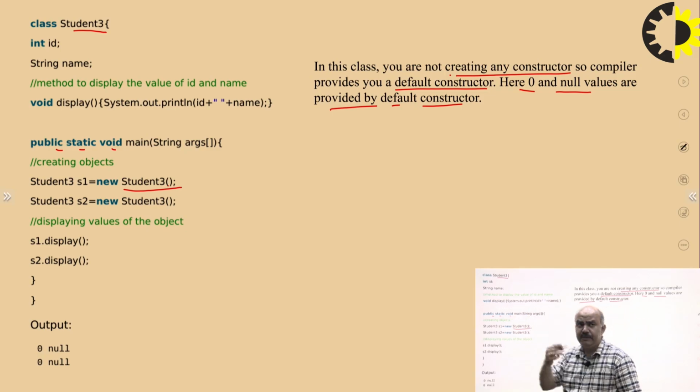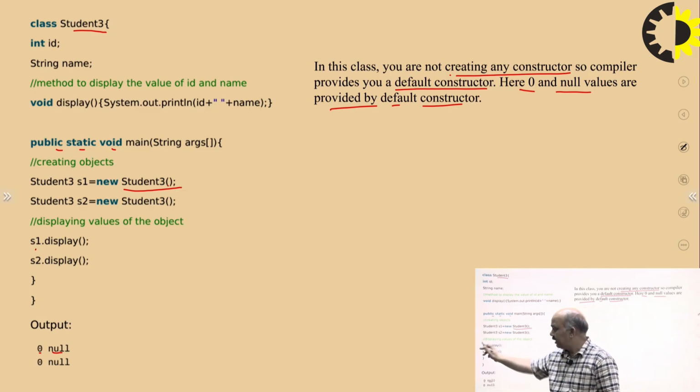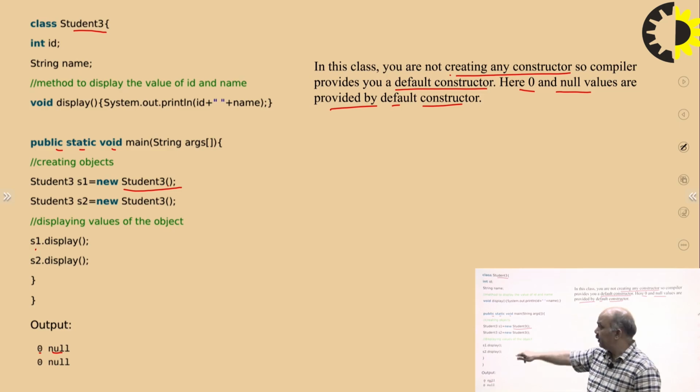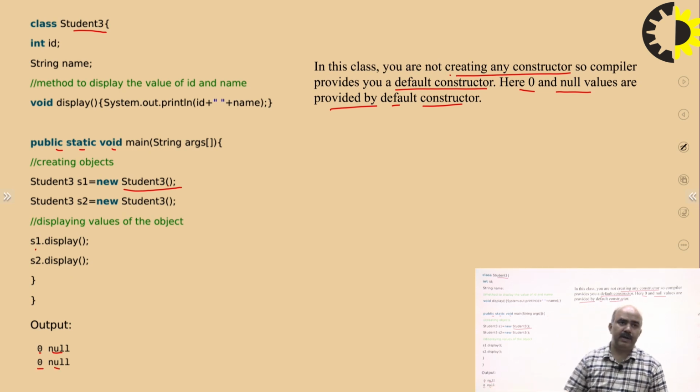Now as we haven't created any kind of constructor here, the default value will be 0 for the id and null for the name, for s1 when display is called, as well as for s2: the value will be 0 and null will be the value of the name.